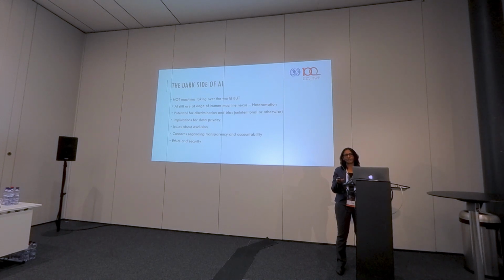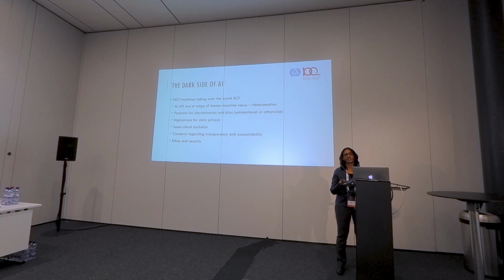I think AI determines parts of it, but there is a human within the decision-making process. Based at least on the research that we are doing, AI is still at the edge of this human-machine nexus, which we call heteromation, because it's humans who help the machines to learn.